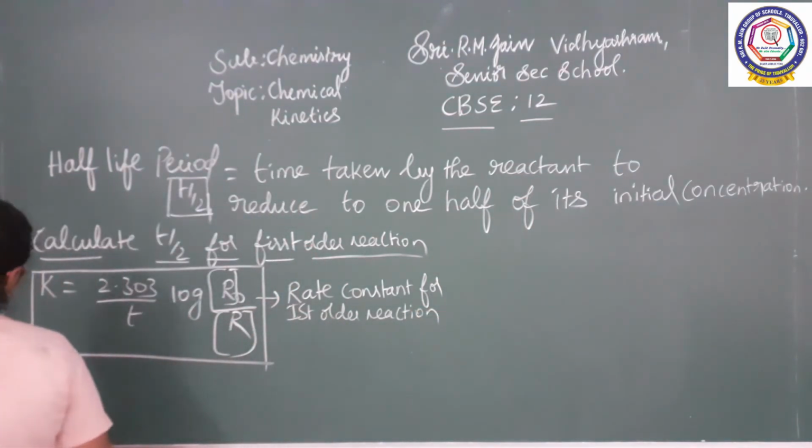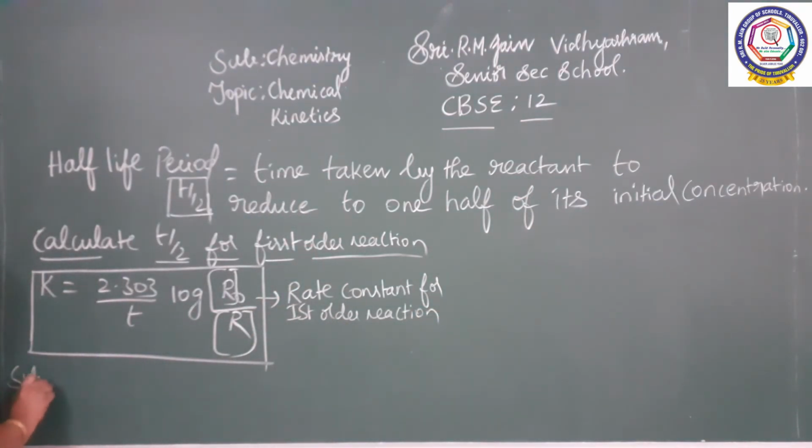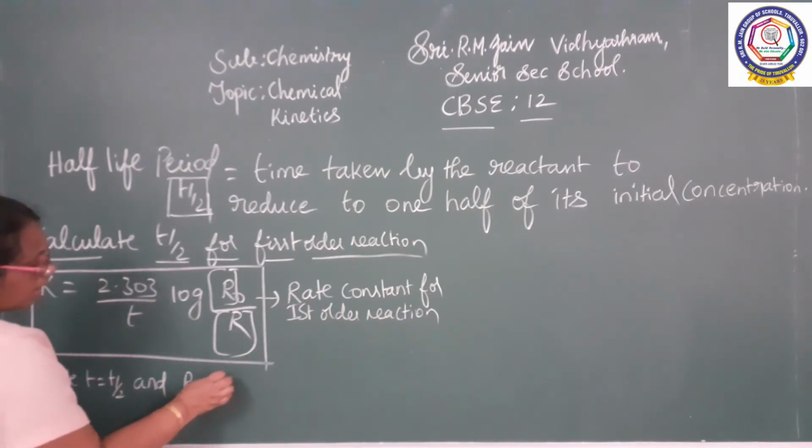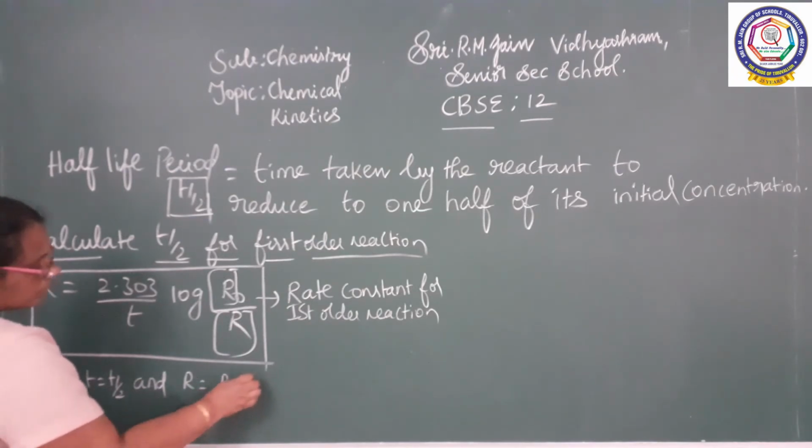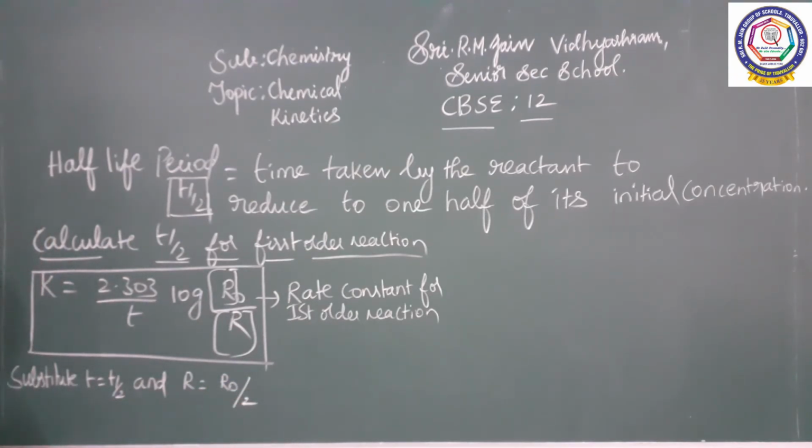Substitute T is equal to T half and R is equal to R naught by 2 in the above equation.